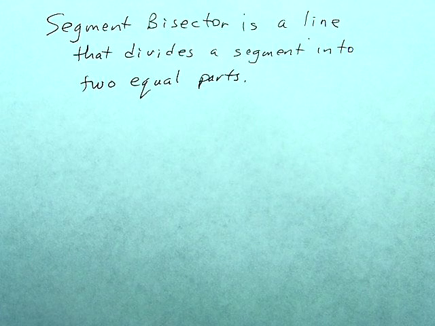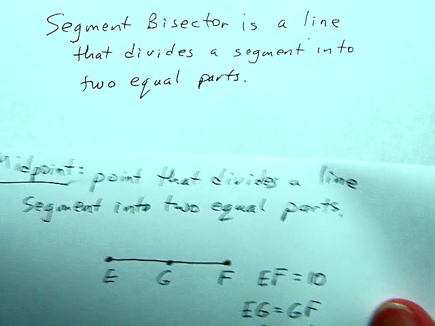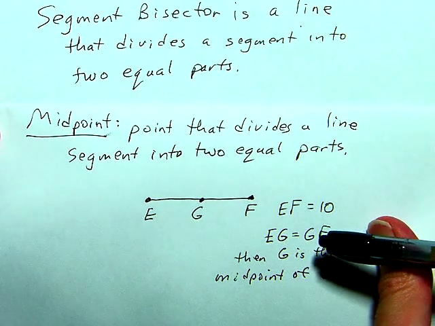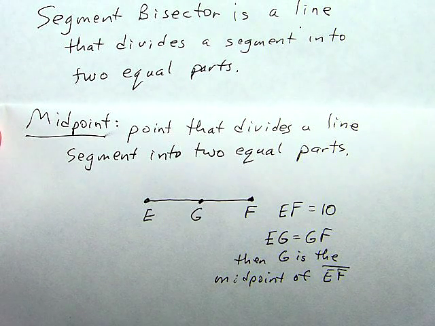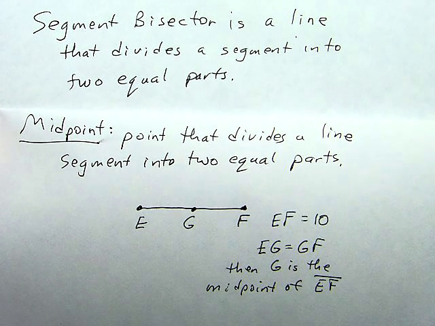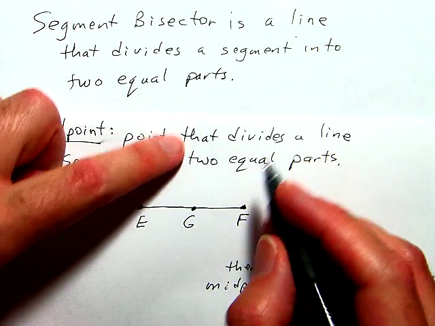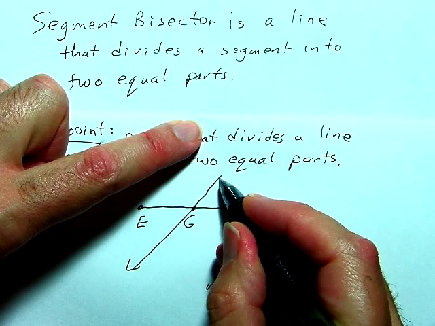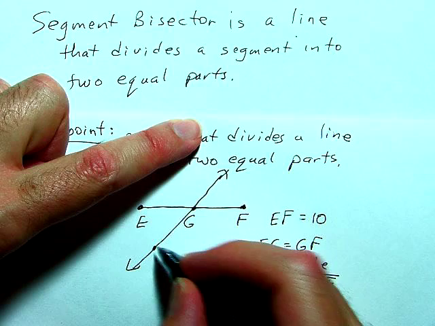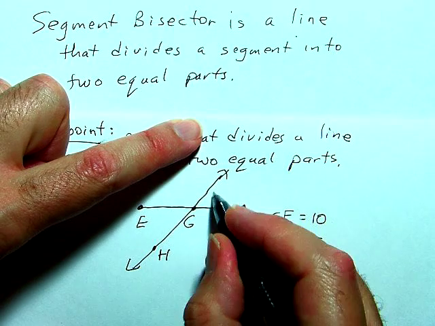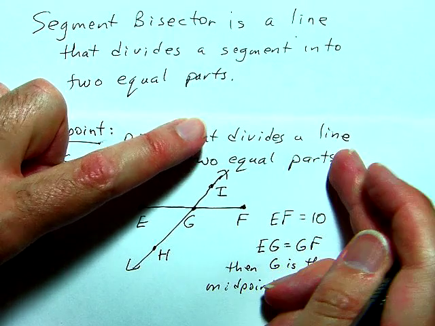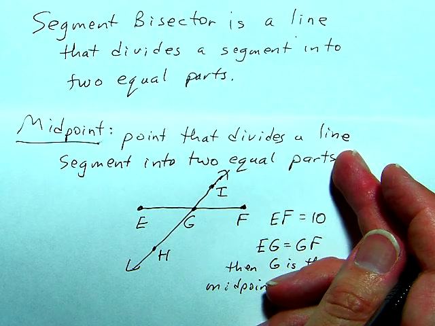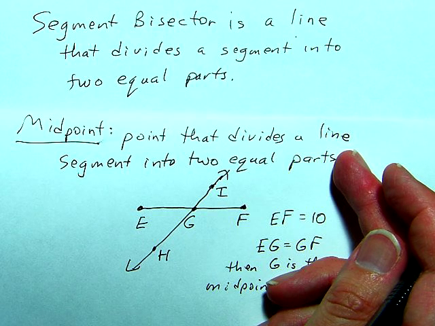So let's go back to our midpoint here. And here we showed that G is the midpoint of EF. If we had a line that went through G, let's say we create a line going through G like that, and let's say we call this line HI. We have two other points on that line, H and I. We could have also called it HG or GI.